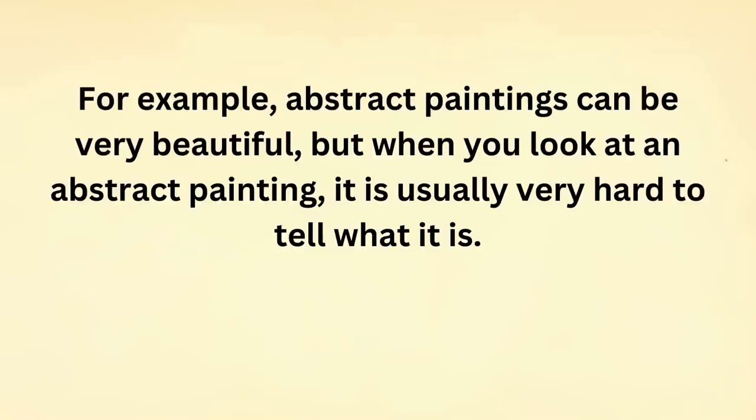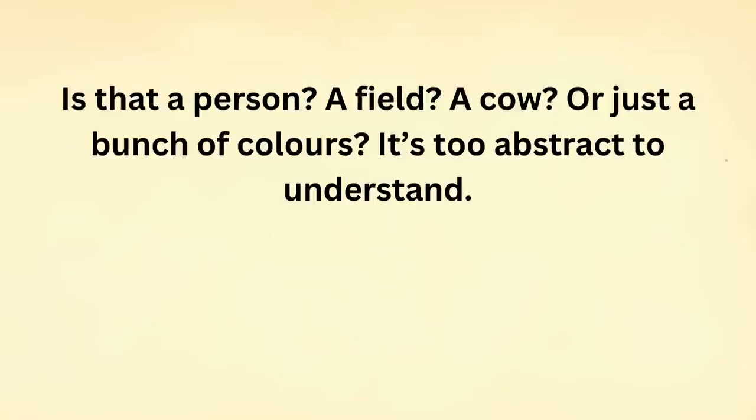For example, abstract paintings can be very beautiful, but when you look at an abstract painting, it is usually very hard to tell what it is. Is that a person? A field? A cow? Or just a bunch of colors? It's too abstract to understand.